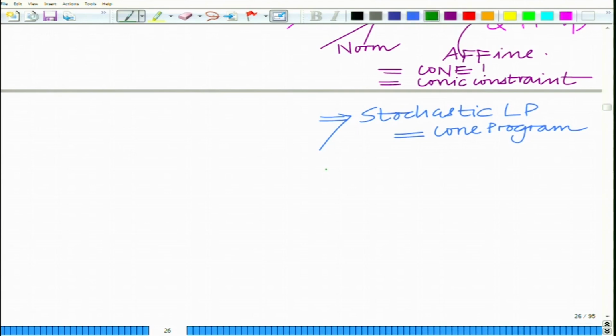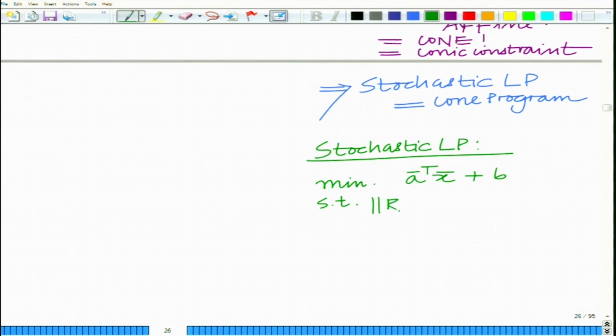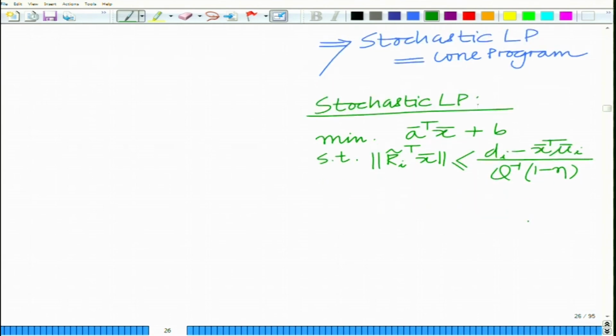And therefore, now you can formulate this stochastic LP as follows: minimize A bar transpose x bar plus B subject to the constraint that the norm of R_i tilde x bar is less than or equal to (d_i minus x bar transpose mu bar_i) over Q inverse of 1 minus eta, for i equal to 1 to L.